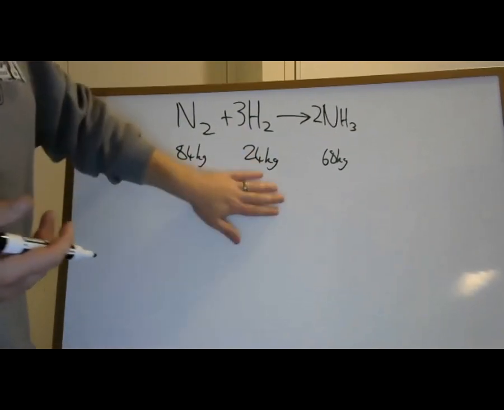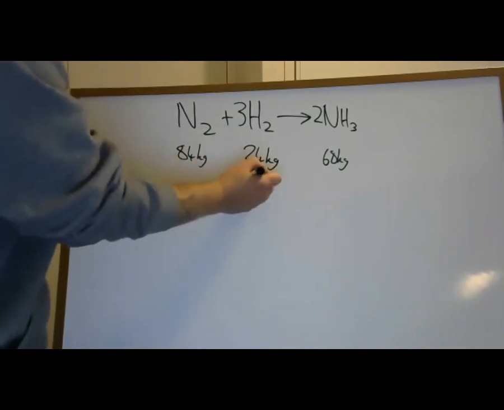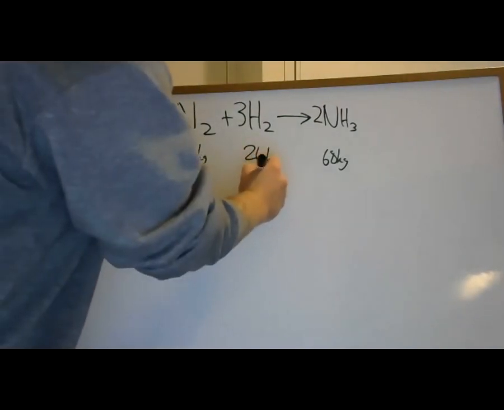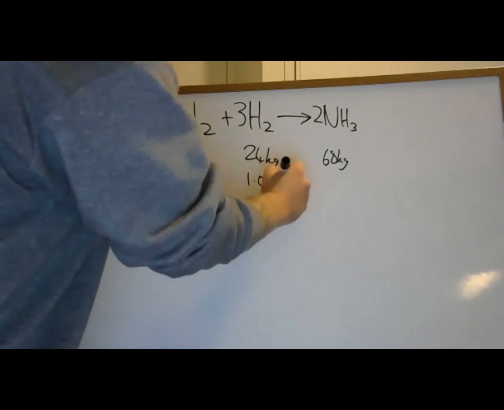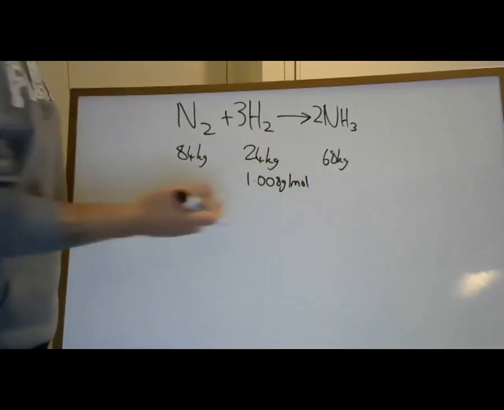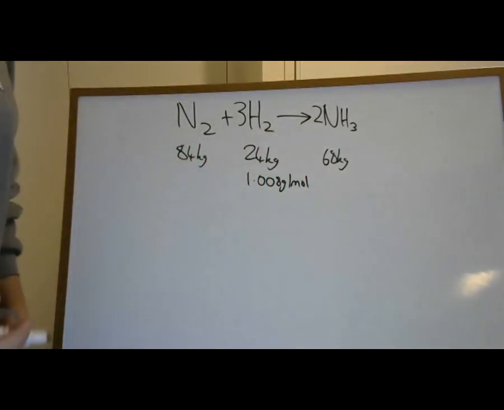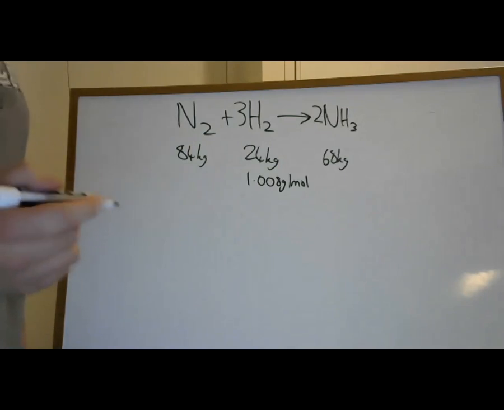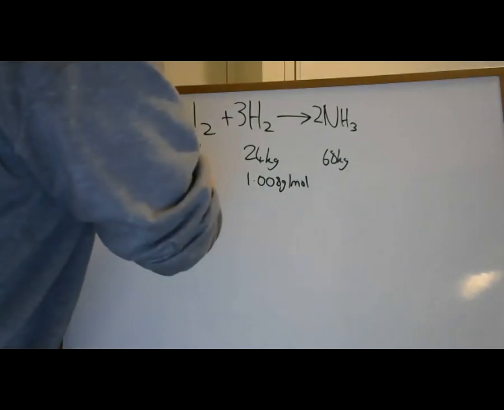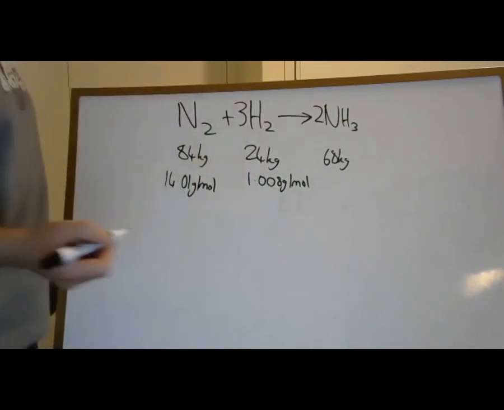Everybody says, well, hydrogen's going to run out first because there's only 24 kilos. What we need to remember is that hydrogen is 1.008 grams per mole. That's its mass. So it is very, very light. Nitrogen is 14.01 grams per mole.